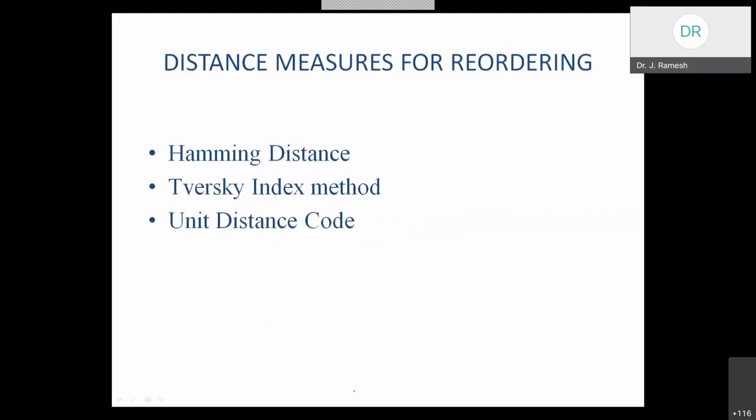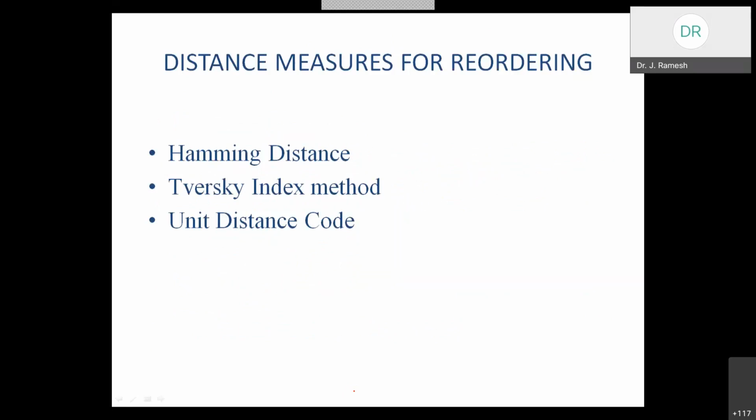After the test generation, we wanted to minimize the switching activity, for which we have applied distance measures, that is Hamming distance, and unit distance code, etc. As far as distance measures are concerned, we have several, like Mahalanobis and Euclidean distance measure.